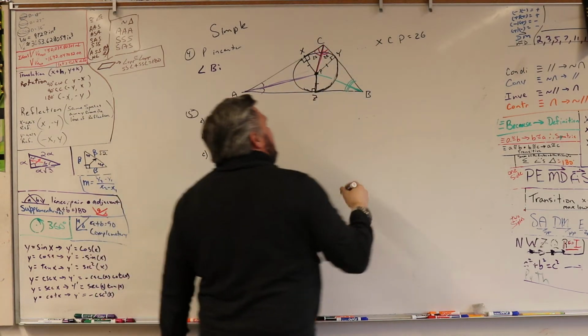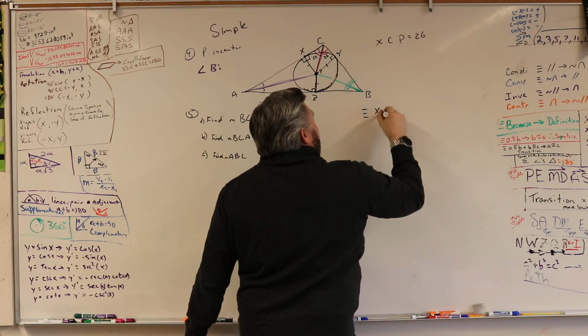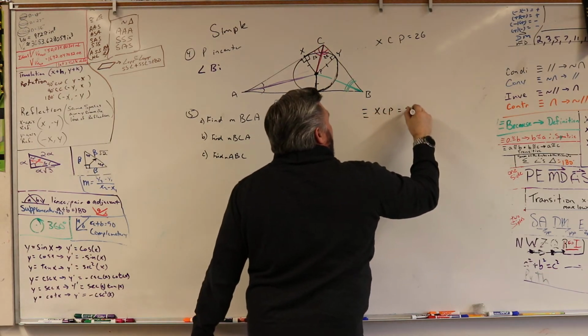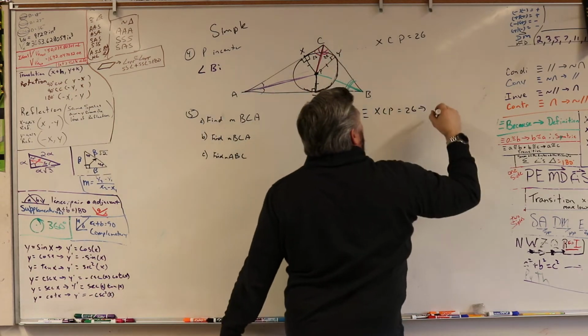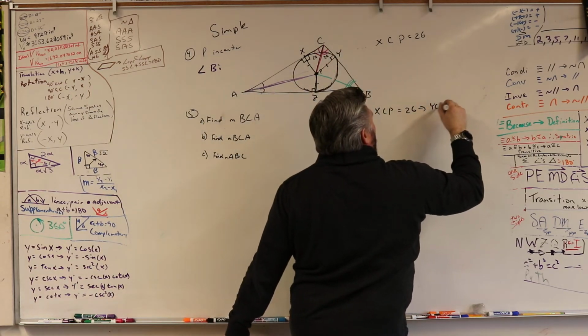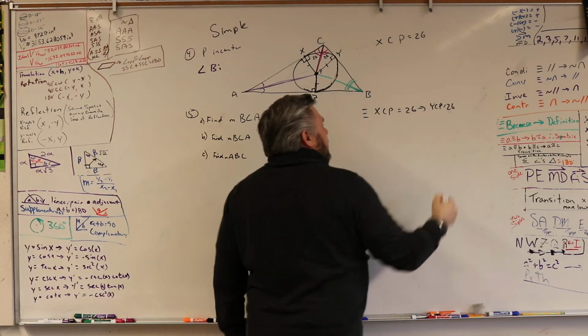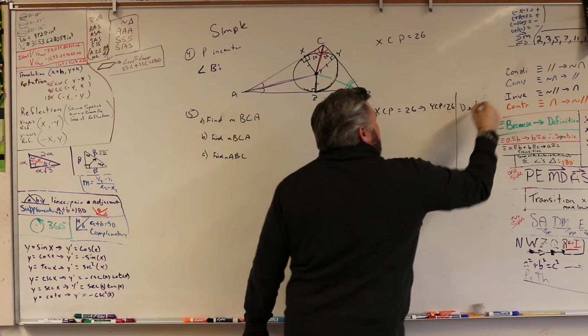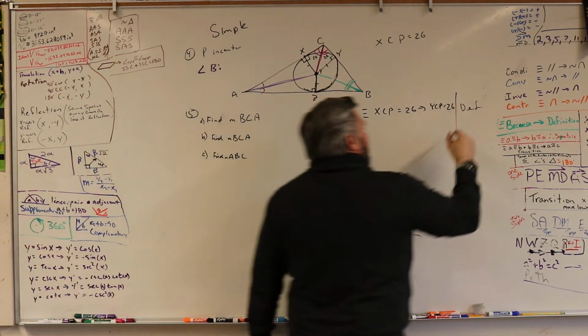So that means that if XCP is equal to 26, then YCP is equal to 26. Okay? And that's the definition of an angle bisector, right?